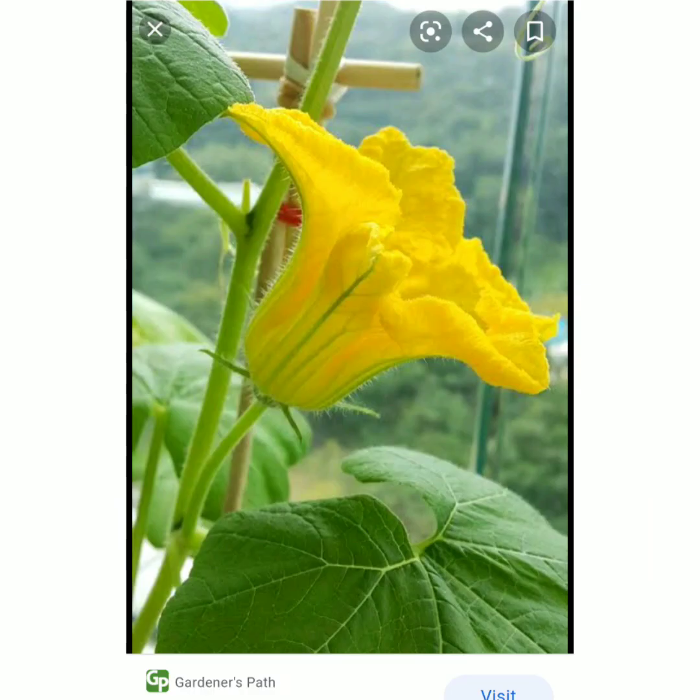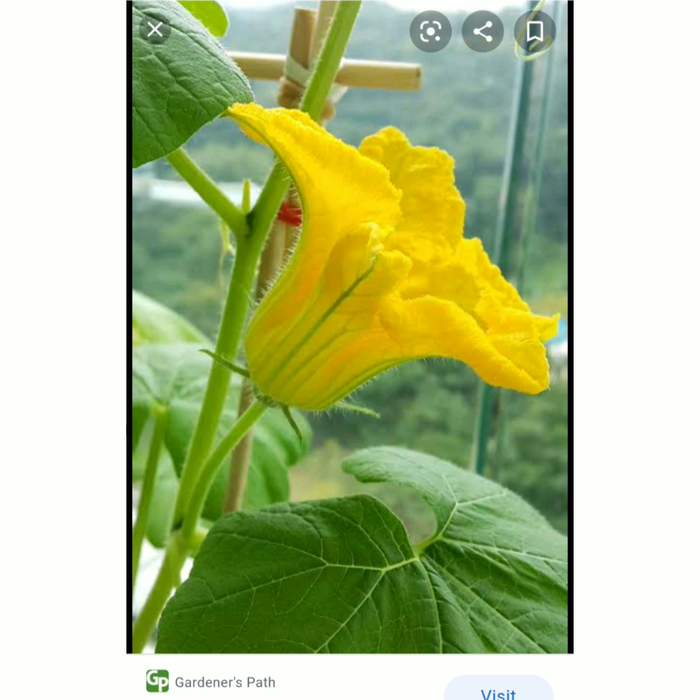But in the case of pumpkin, ash gourd, etc., there are male and female flowers on the same plant. These types of plants are called monoecious plants. In a monoecious plant, male and female flowers are seen on the same plant itself.